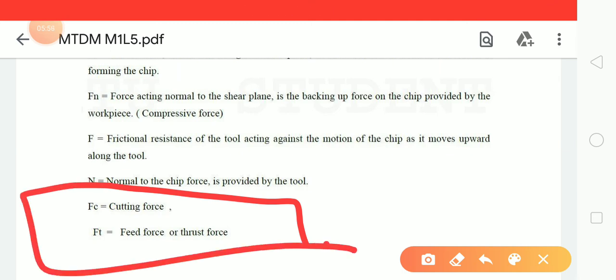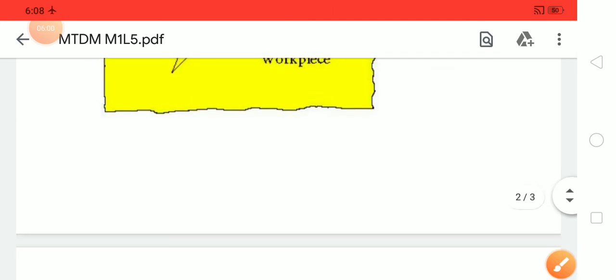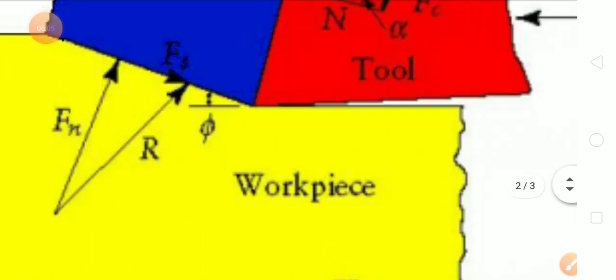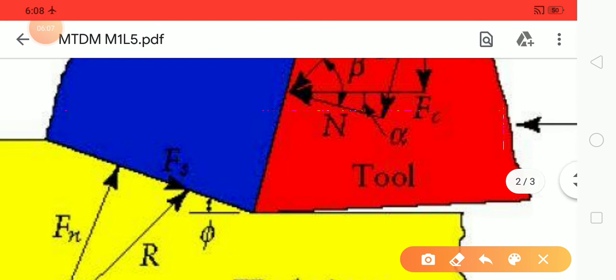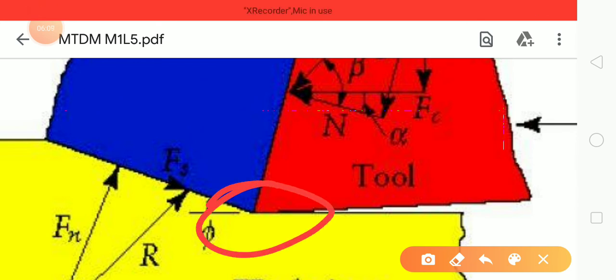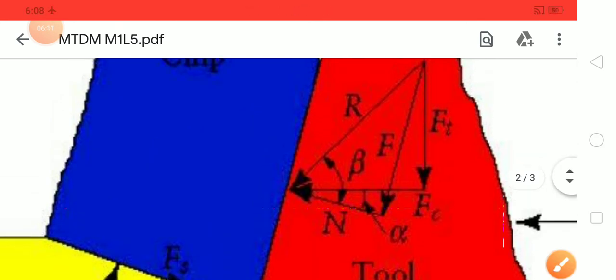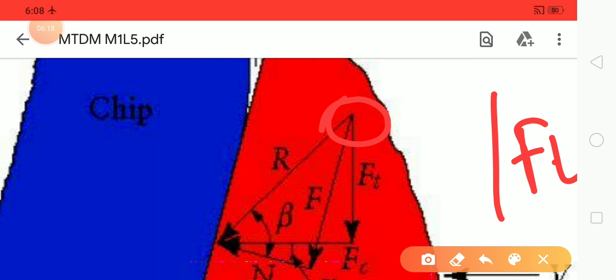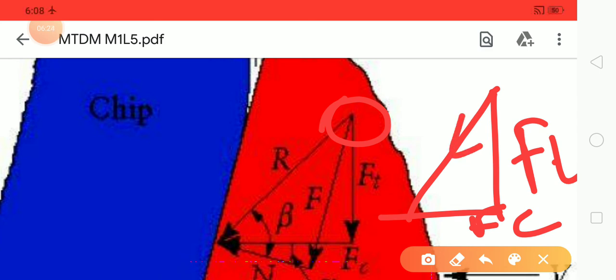These two forces are already present at the point where the cutting action is happening. This point is transferred to here, so that you can simply see Ft and Fc and the resultant of these two forces, that is R.